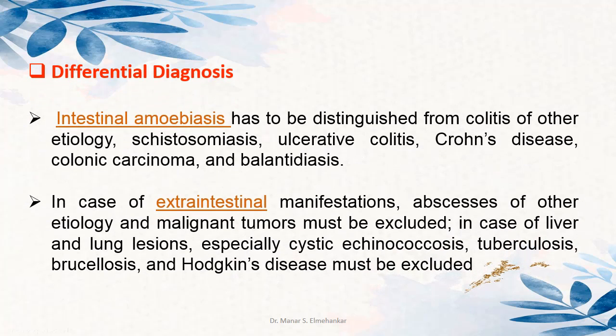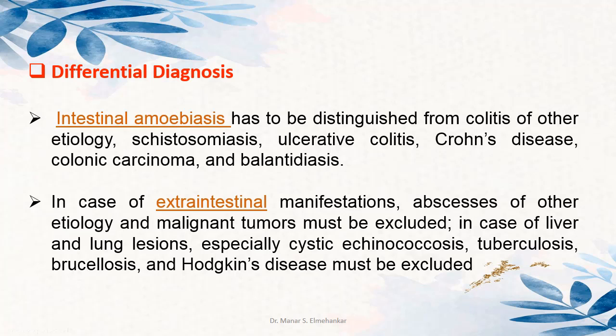After etiology, transmission, clinical manifestation, and diagnosis, now I will talk about differential diagnosis in case of amoebiasis. Intestinal amoebiasis must be differentiated from colitis of other etiology, such as schistosomiasis, ulcerative colitis, Crohn's disease, colonic carcinoma, and balantidiasis.